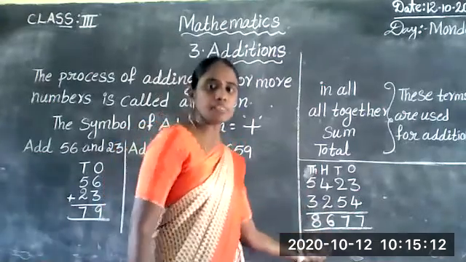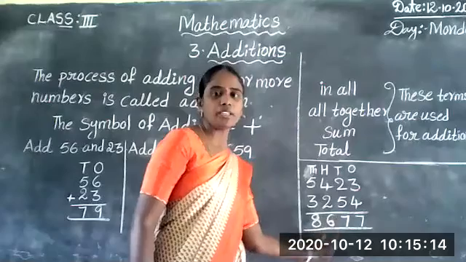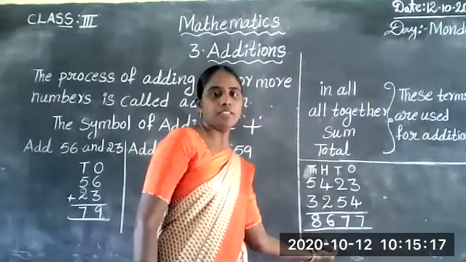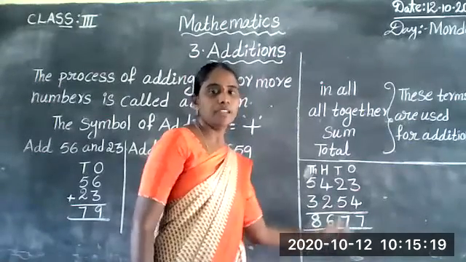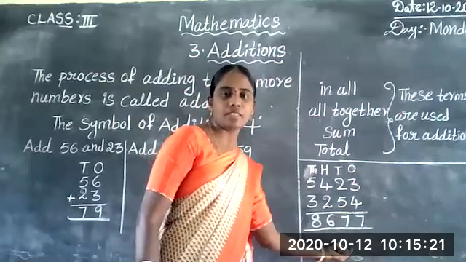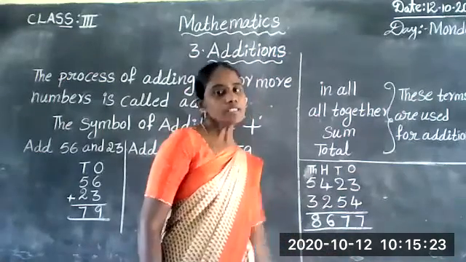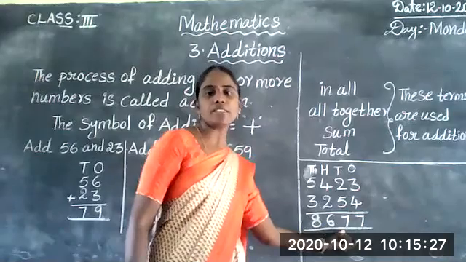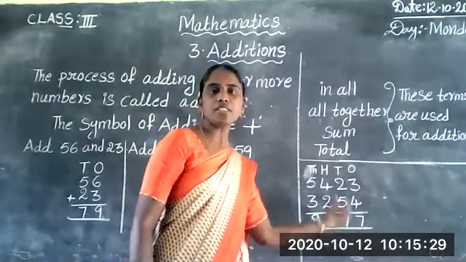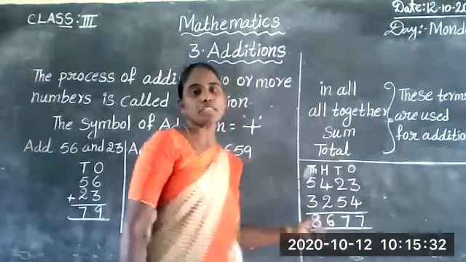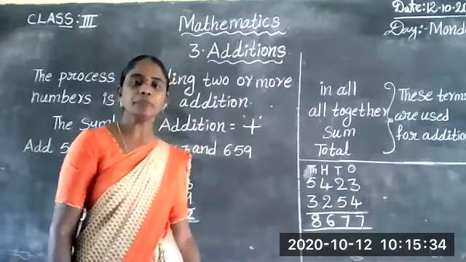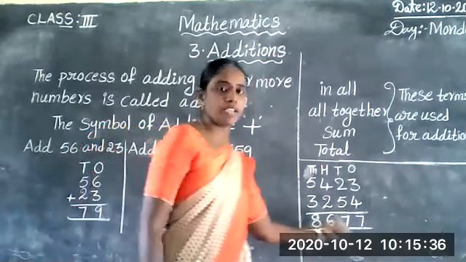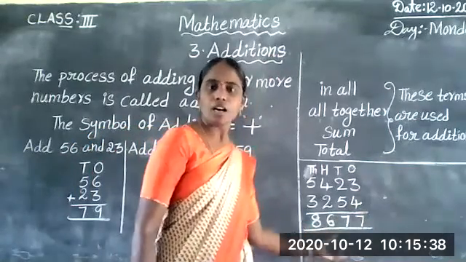In hundreds place 6: 6 hundreds. In tens place 7: 7 tens, 70. In ones place 7: 7 ones. 8,677 is the answer.